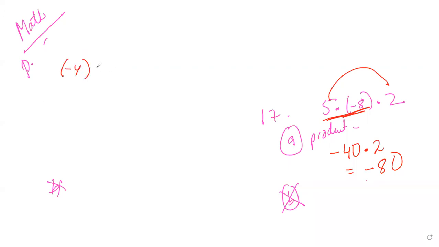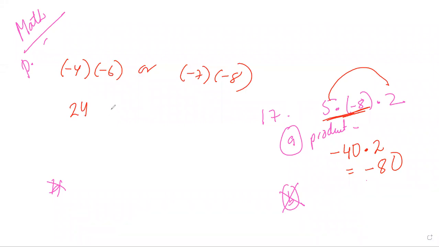Minus 4, minus 6, or minus 7, minus 8. They ask you which one is greater. Come on, tell me which one is greater. 4 times 6 is 24. What is the sign?